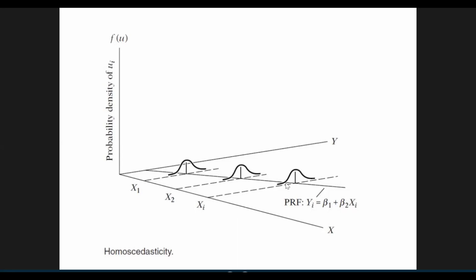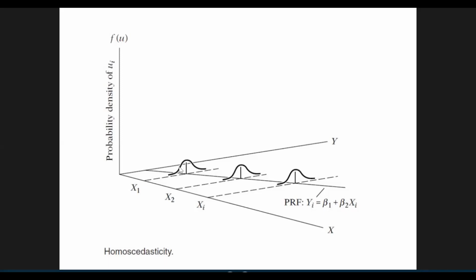As it is clear from this figure, for the given value of x1, for the given value of x3, and so on, the error is the difference between the observed and the predicted values, and when we square it, we will get the variance.